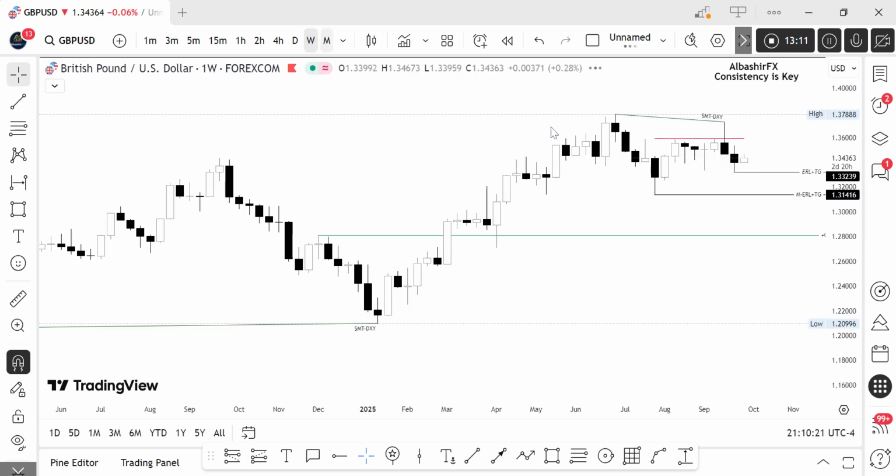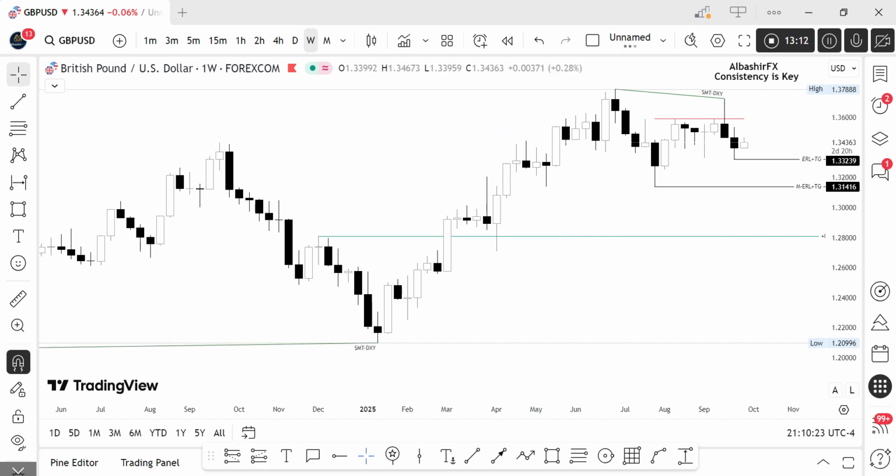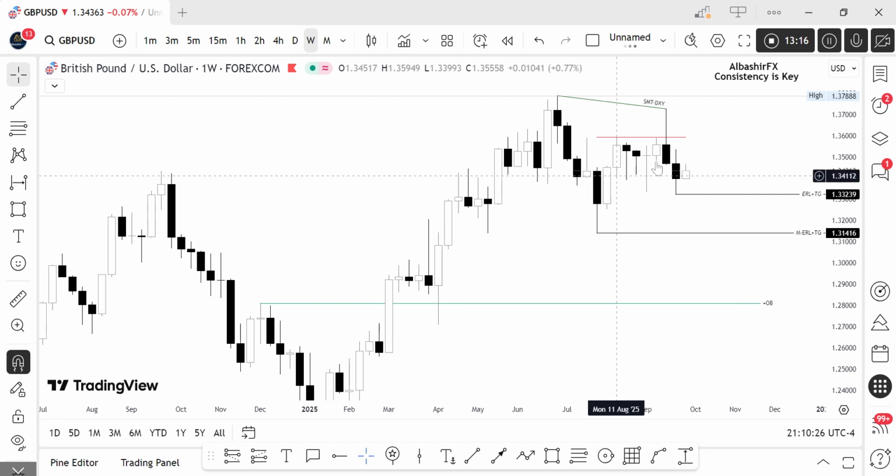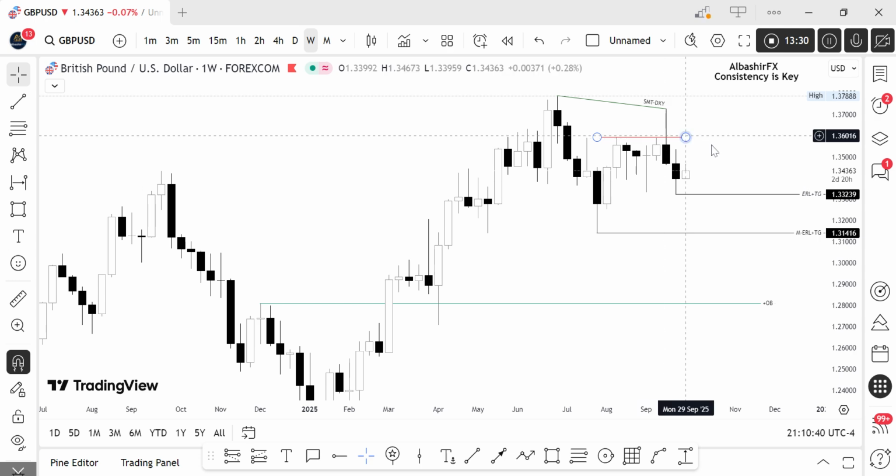So on the lower time frame, we have a weekly that shows a candle close below and this one close below, right? So this is a new week that is going, and this is our area of price. We don't want to see price go above next week.